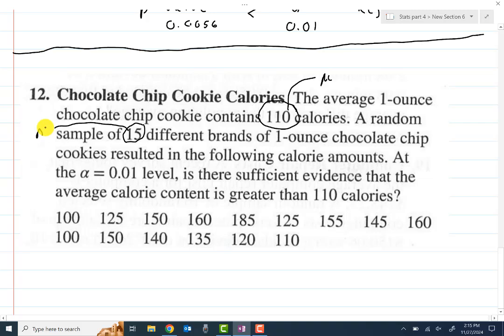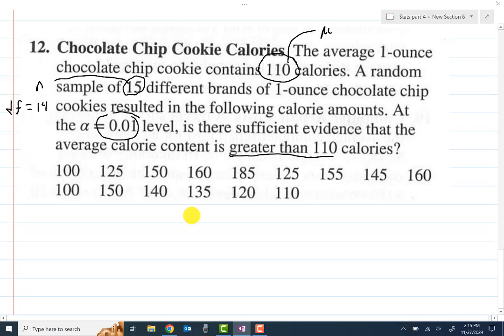And remember, since we're using the t-distribution, we have to know that the degrees of freedom is equal to n minus 1, that's 14. It'll be important when I do the numbers. Here's our alpha level, greater than 110 calories. So let's go ahead and write up our H naught and HA.